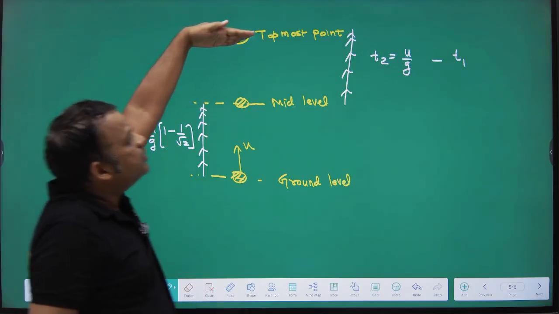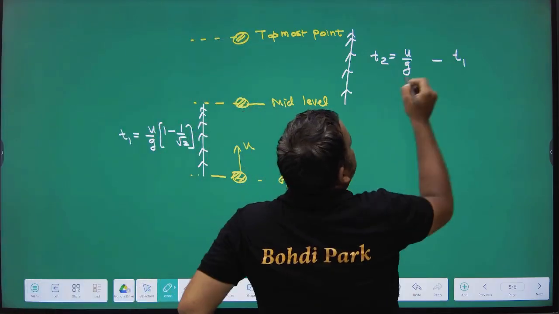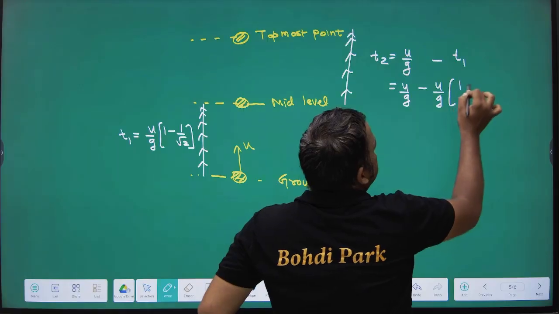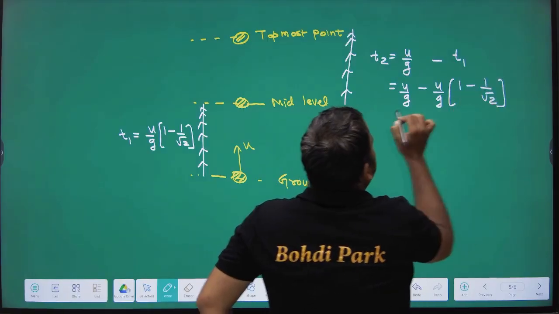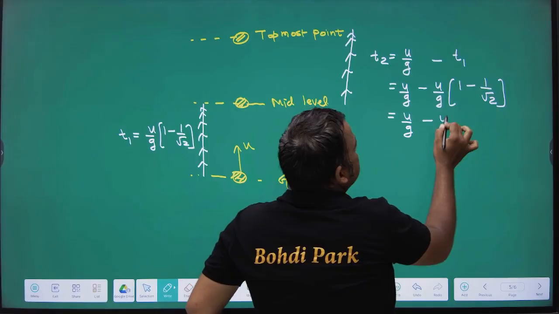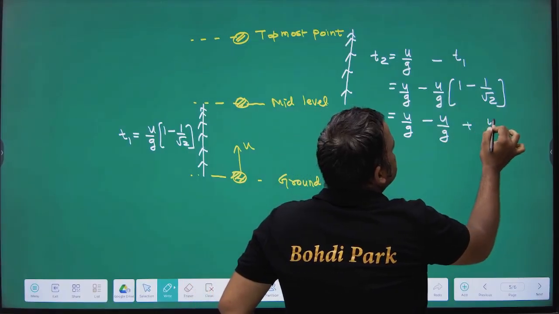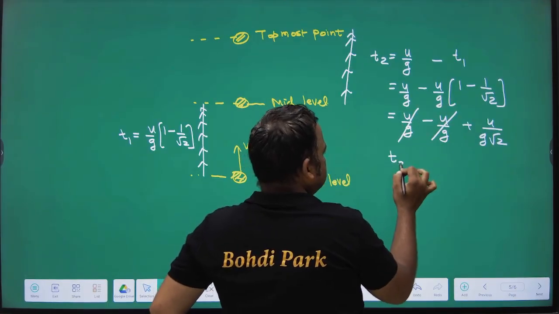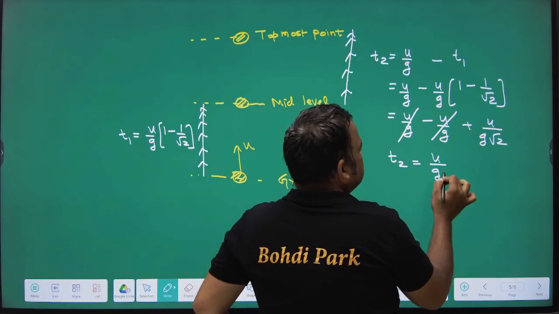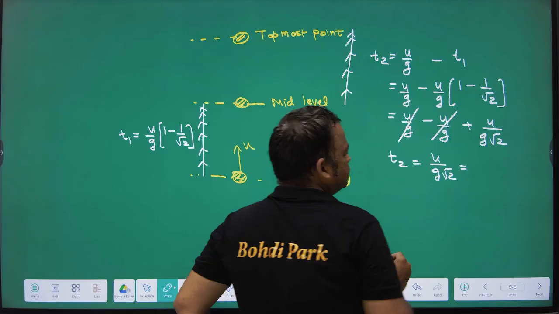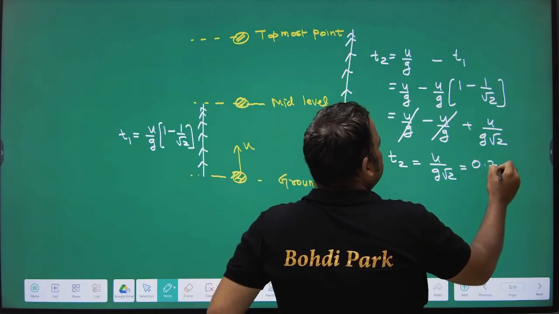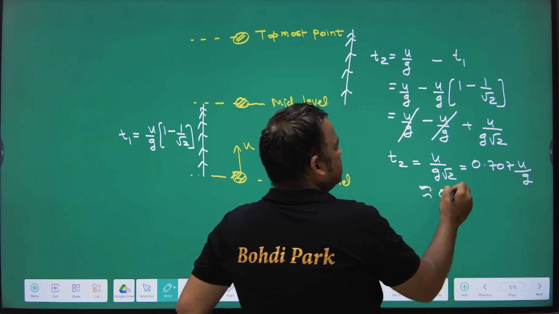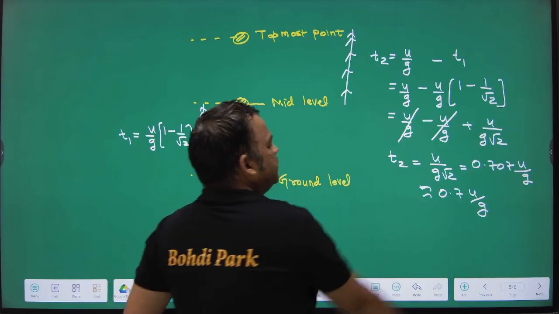So the remaining time is time of ascent minus T1. So that is u by g minus u by g into 1 minus 1 by root 2. So this is u by g minus u by g plus u by g root 2. u by g cancel. So T2 is equal to u by g root 2. That is equal to 0.707 u by g, or approximately we can consider 0.7 u by g.